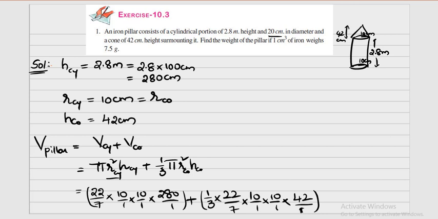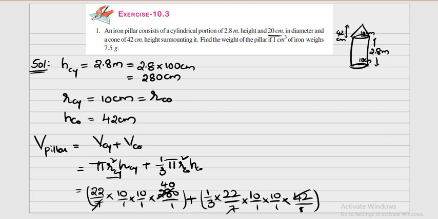Now simplification. 7 4s are 28, so this gives me 40. Here 7 3s... 7 6s are 42. Next, 3 twos are 6. Now what am I left with? From this, clearly, the volume of the pillar is equal to: leave these zeros. 22 4s are 88, followed by how many zeros?